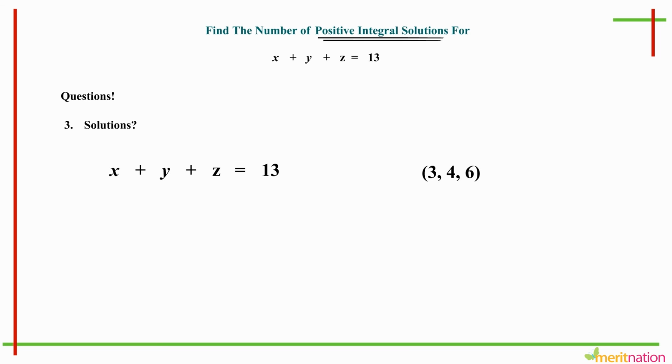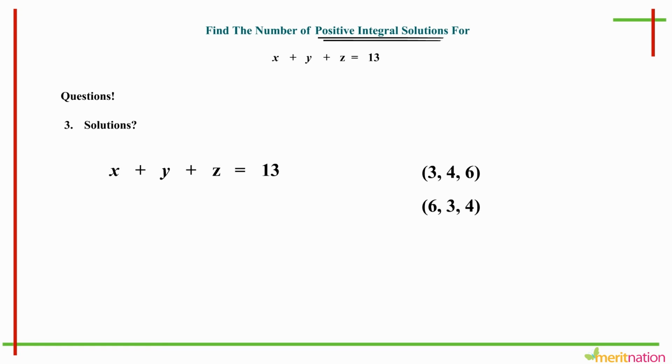Another solution would be the set 6, 3, 4, implying that x is 6, y is 3 and z is 4. Note that while the numbers 3, 4 and 6 are the same, they have been assigned to different variables, so these two solutions are distinct. We need to find the number of such integral solutions.